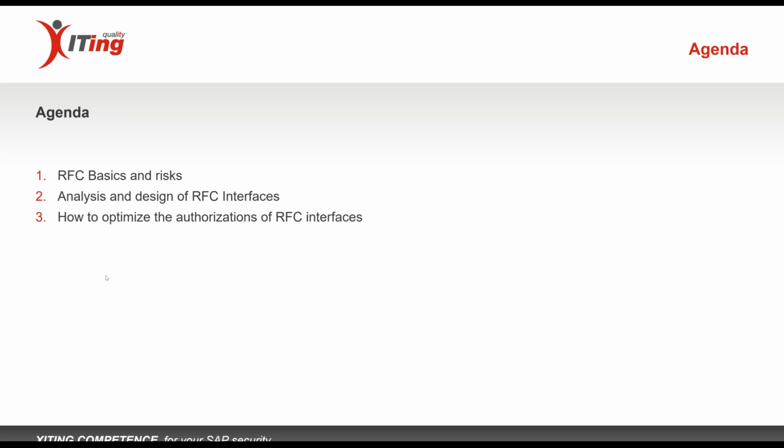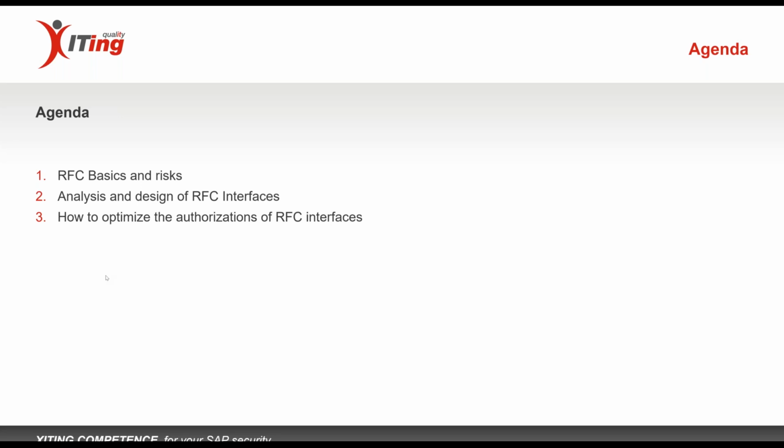Then we will have a look at how to analyze RFC interfaces and maybe optimize them, because the third point, how to optimize the authorizations, is the goal of today. The authorizations and the RFC interfaces are very dependent on each other.